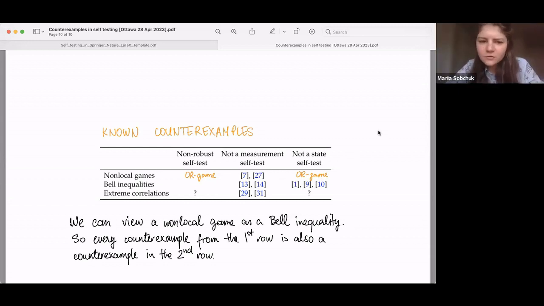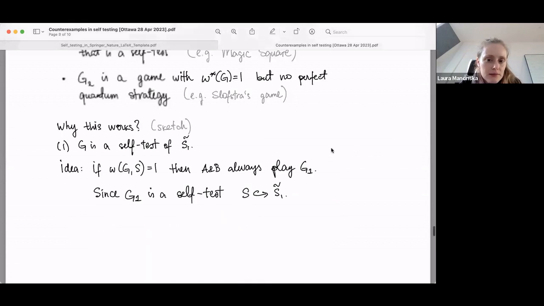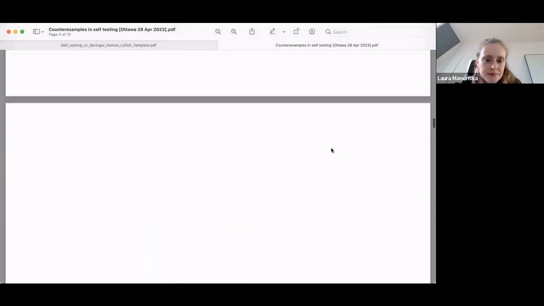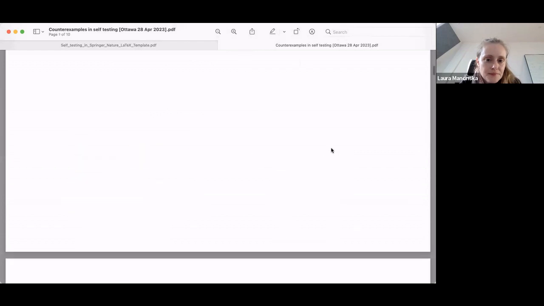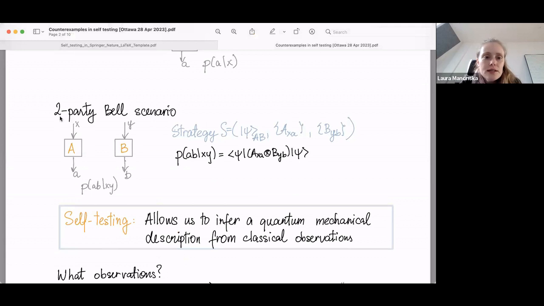What are the extreme correlations? If you look at this two-party Bell scenario, you have this correlation, a joint conditional probability distribution, P of AB given XY. And then you ask, what is the set of all P(AB|XY) that can be generated by some state and some measurements?